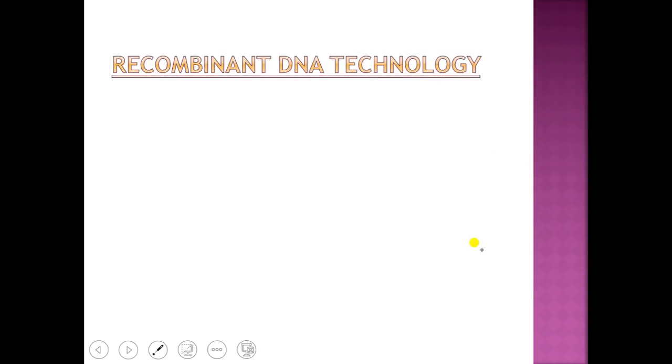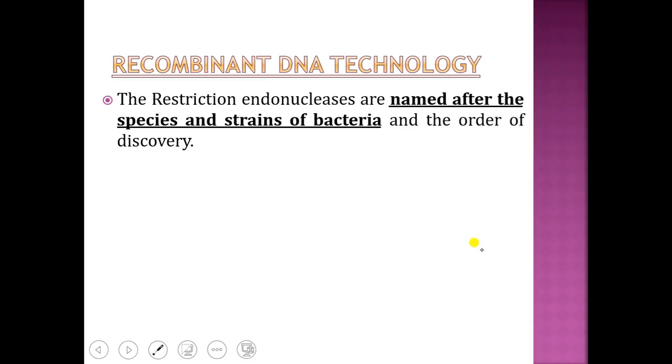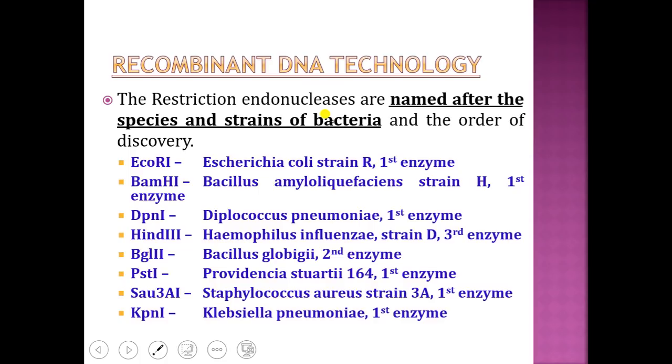This restriction endonuclease enzyme has been isolated from bacteria, and the name of each enzyme is given based on the bacterial strain from which it was isolated. At present, more than 900, or we can say thousands, of restriction endonucleases have been identified from about 250 bacterial species.